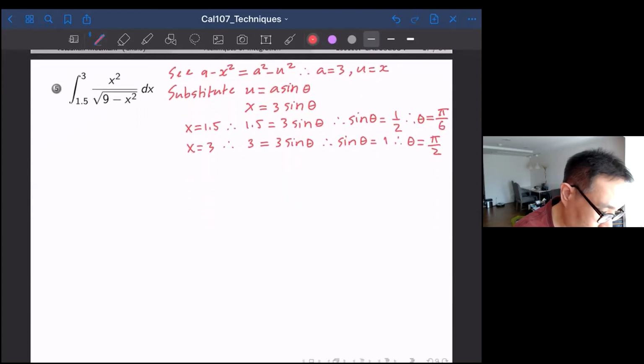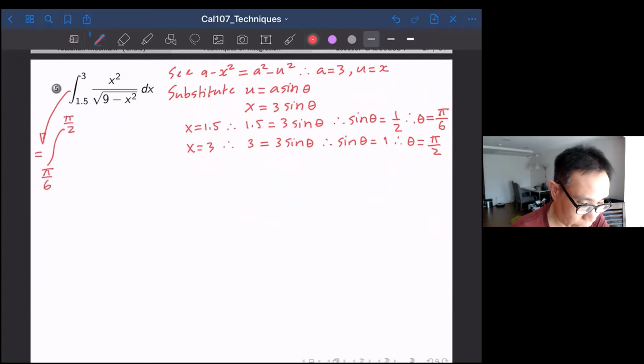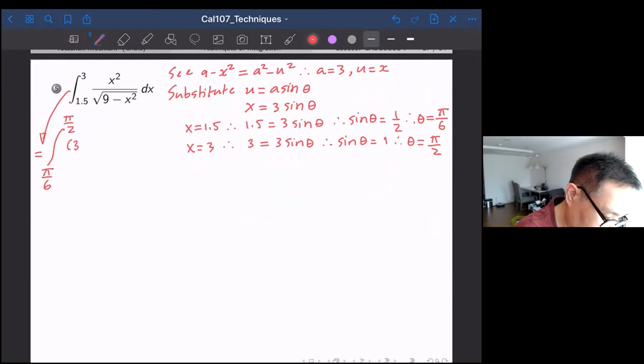So we now know that the limits are going to be from pi over 6 to pi over 2. And we have x equal to 3 sine theta, so we get 3 sine theta squared.